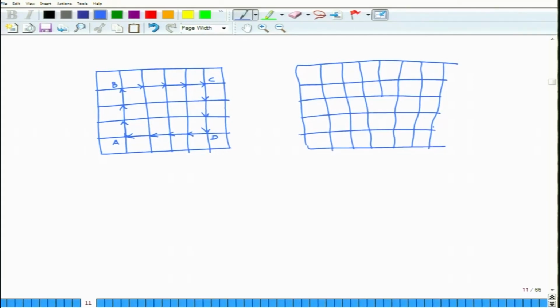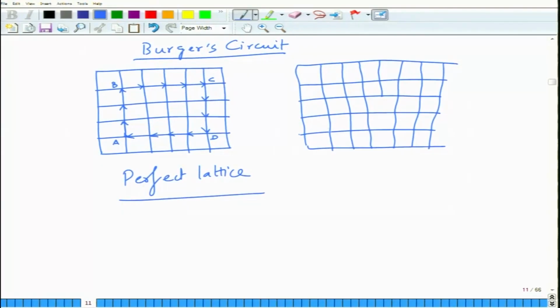Now if we do this circuit again, this is called the Burgers circuit. This is the perfect lattice. In an imperfect lattice, you again start from point A, go one step up, another step, reach point B, then 4 steps across to this point.